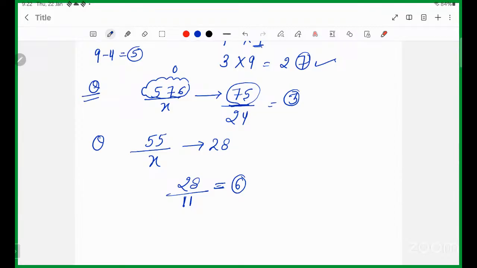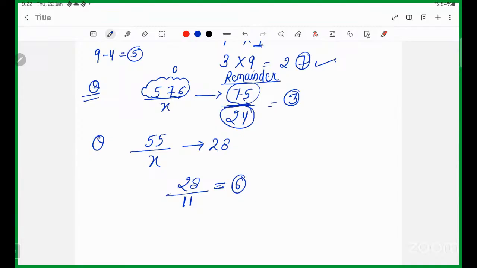I'll explain both the questions once again. If number 576 is divided by x, it leaves the remainder 75. On dividing the same number by 24, what will be the remainder?